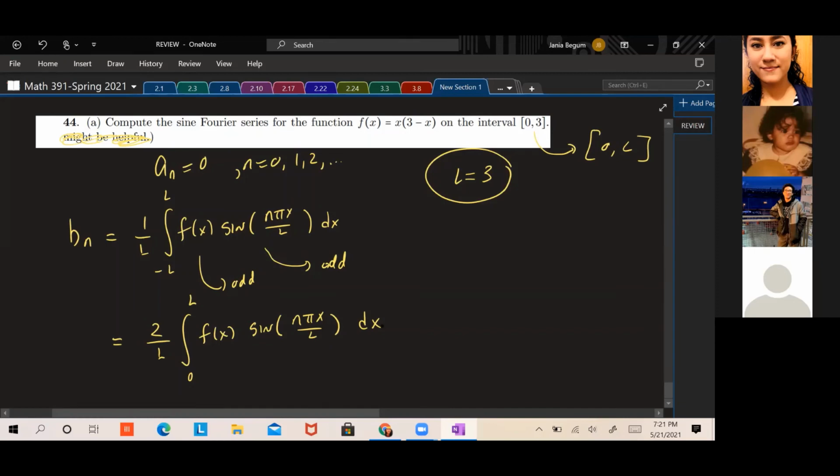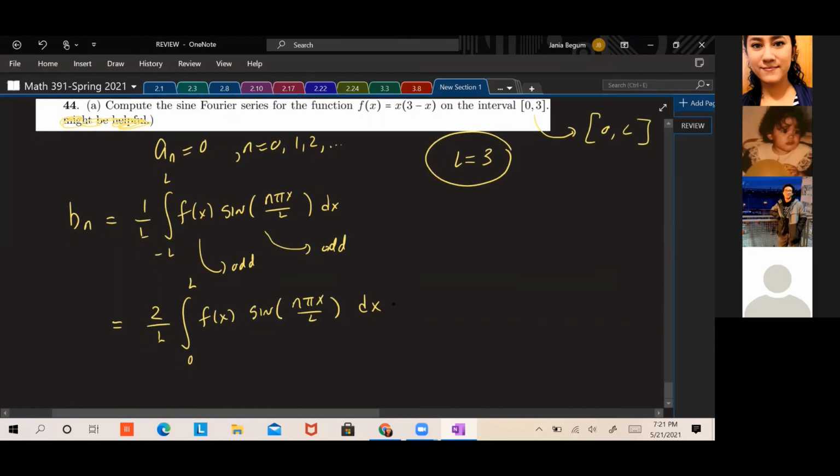So now let's go ahead and plug in f(x). So 2 over 3, because L is 3, going from 0 to 3, of x times (3 minus x), sine(n pi x over 3) dx. Now we've got to do some integration.